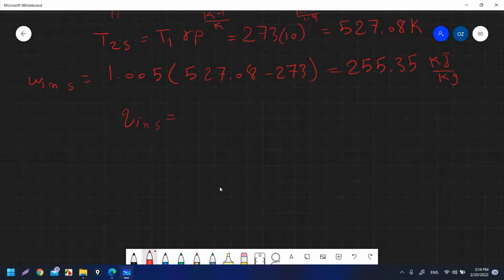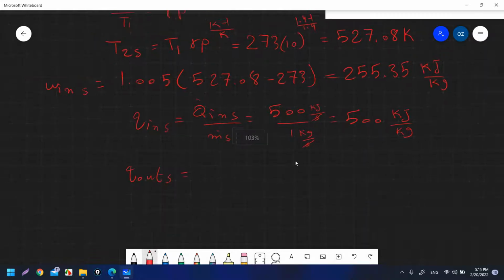QNS is equal to Q dot NS over M dot S, and will give me 500 over 1. This one is in kilowatt, but this one is kilogram per second. So kilowatt is a kilojoule per second. So second with second. This will give me 500 kilojoule per kilogram, per unit mass.